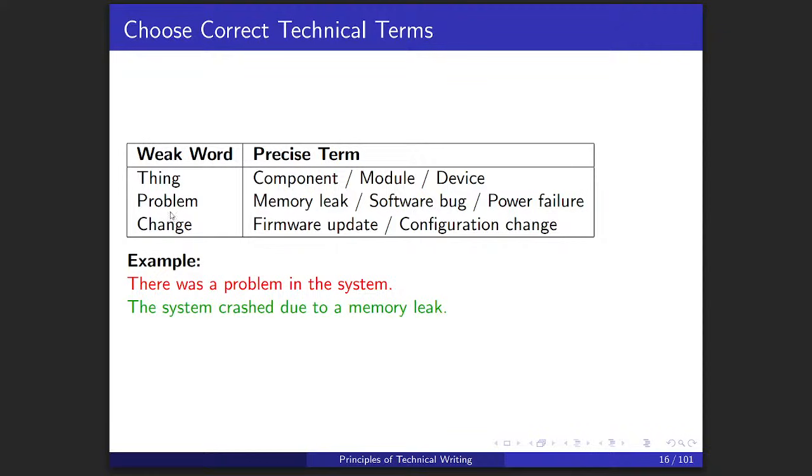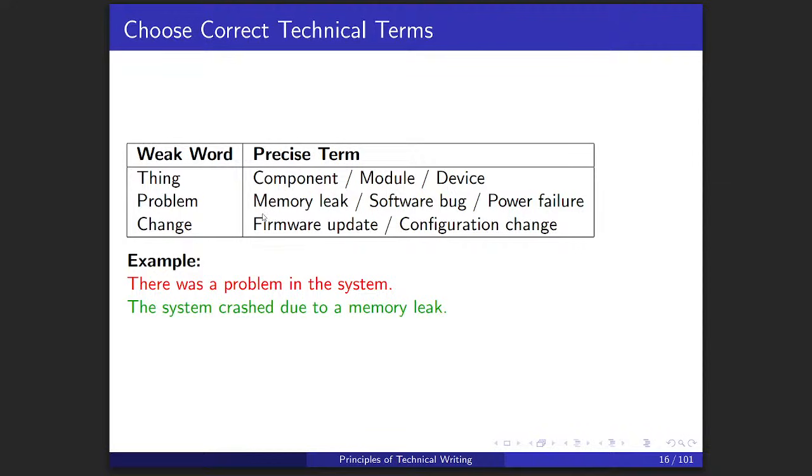Problem: what is that problem? Instead of the word "problem," you need to mention memory leak, software bug, power failure, such that the problem will be addressed by the reader and it may not lead to misunderstandings. Instead of the word "change," we'll use configuration change, firmware update. So this gives the clarity.